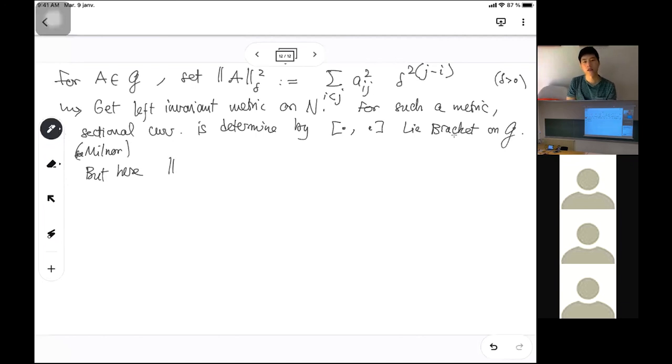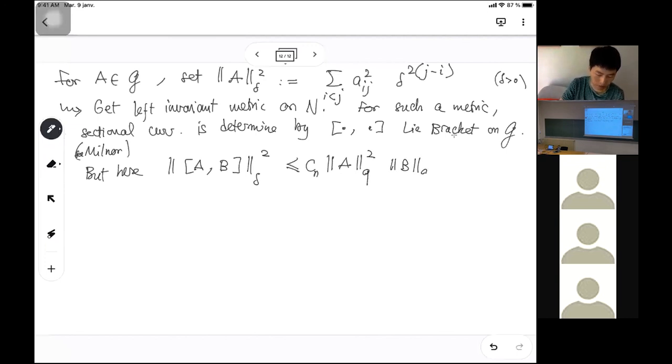If you look at the Lie bracket of two matrices, A and B, that are in the Lie algebra, in fact, you have that its norm is upper bounded by a dimensional constant times the corresponding norms of A and B. All these norms depend on delta.